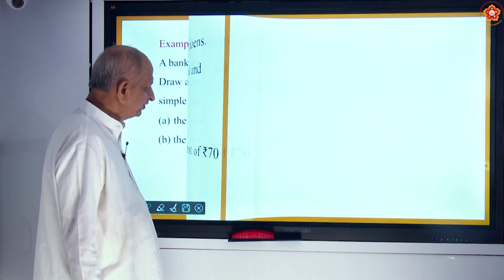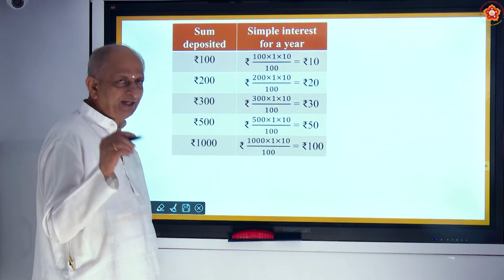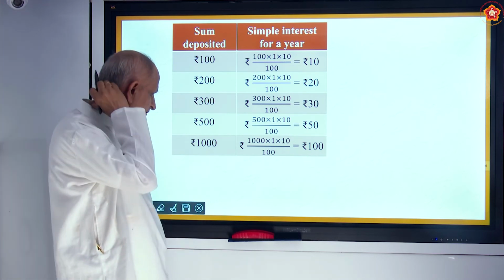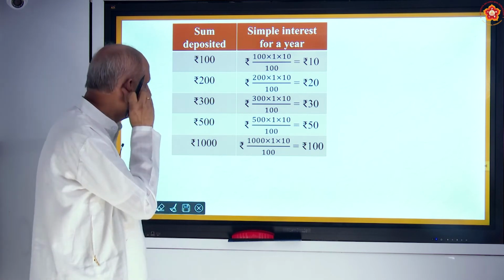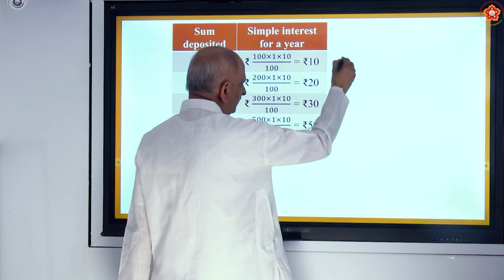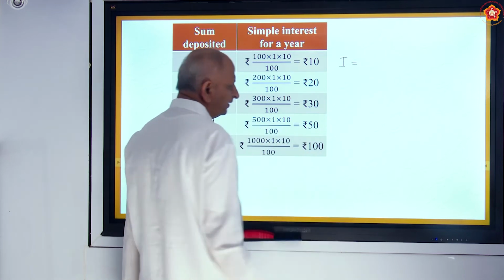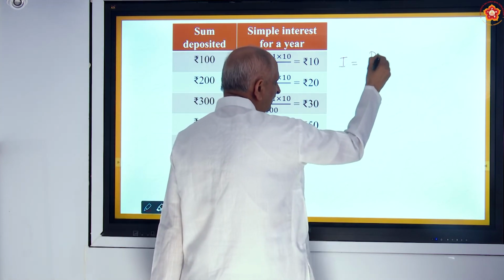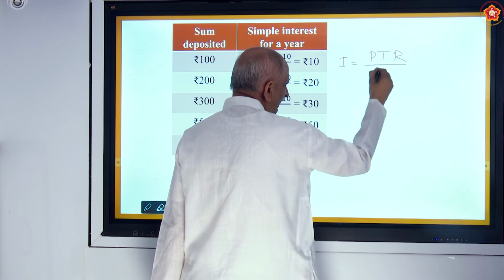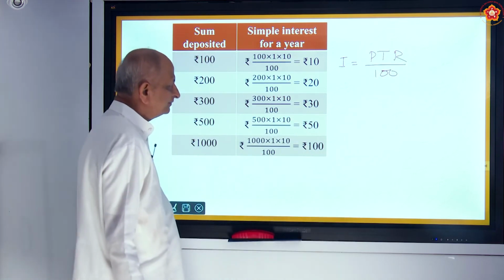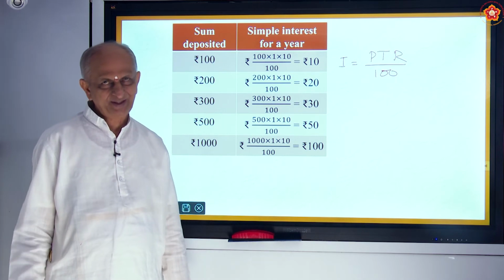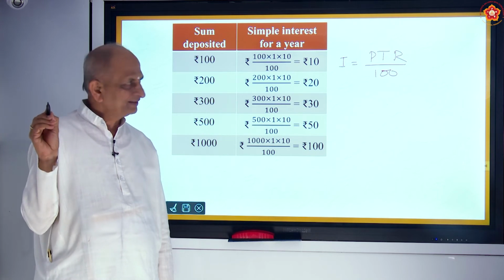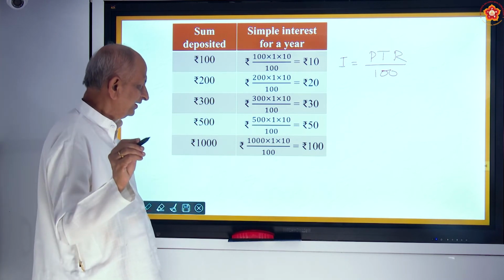First step, you have to calculate the interest. Usually it will be given, but if it is not given, you must know how to do it. Simple interest is equal to... studied in the previous classes. Yes, PTR by 100. I is simple interest, P is principal, T is time in years, R is rate of interest.